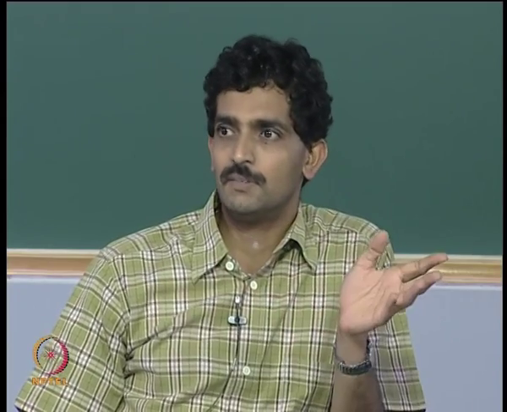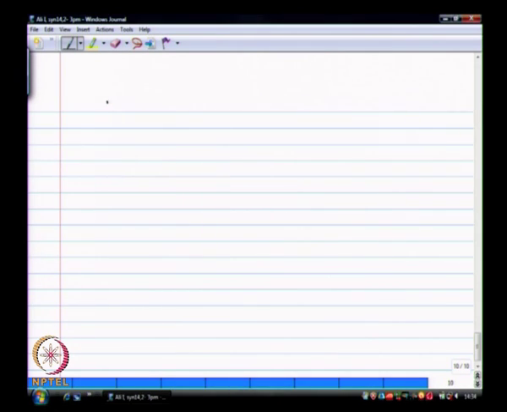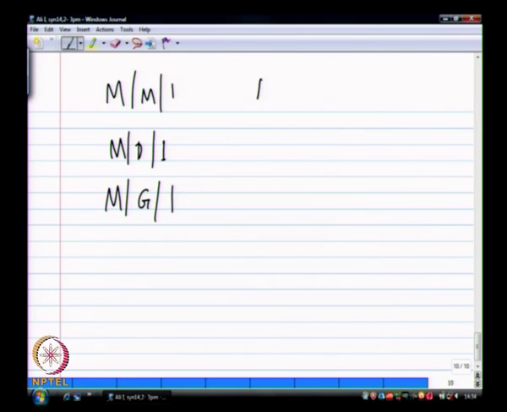And GG1 is the worst case, where the arrival is also unknown and follows some general distribution, and the service time is also some general distribution. So a family of queues would be MM1, MD1, and then MG1, and here again we have some additional flavors, where MMM is also more interesting, where we look at M servers.